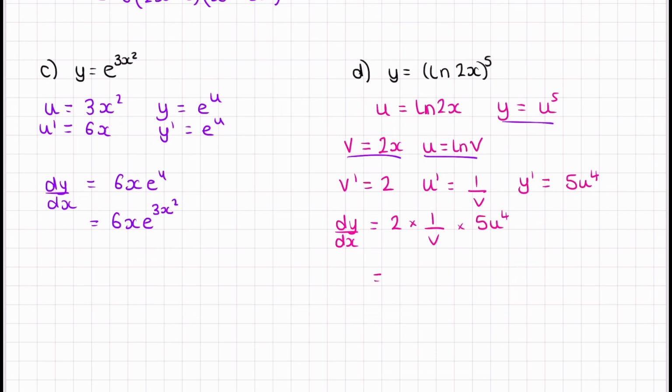So back in with our u and v: 2 times 1 on v, v was 2x, so this will be 1 on 2x, multiplied by 5, and then our u was ln 2x, to the power of 4. Then we can simplify this and we'll end up with 5 on x multiplied by ln 2x to the power of 4. And that is the chain rule.